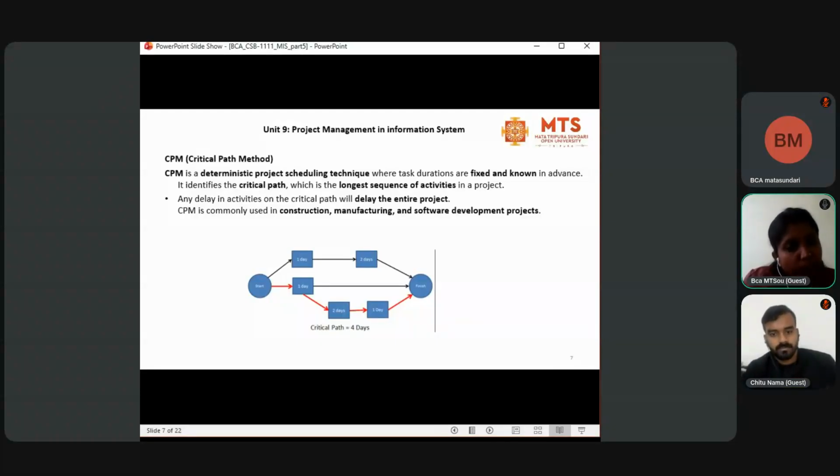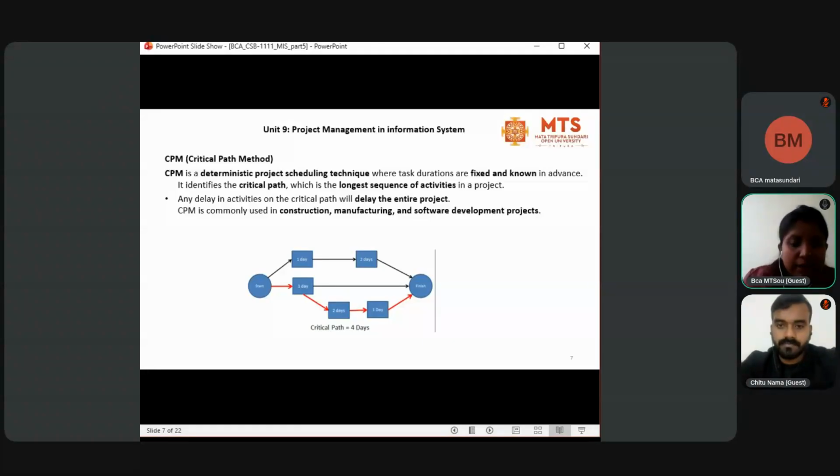The main objective of resource allocation is to ensure optimal utilization of resources without wastage or overload. Effective resource allocation helps in completing the project on time, controlling project cost, and improving productivity and quality.